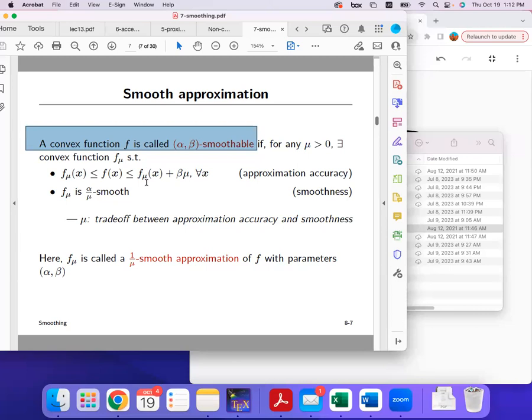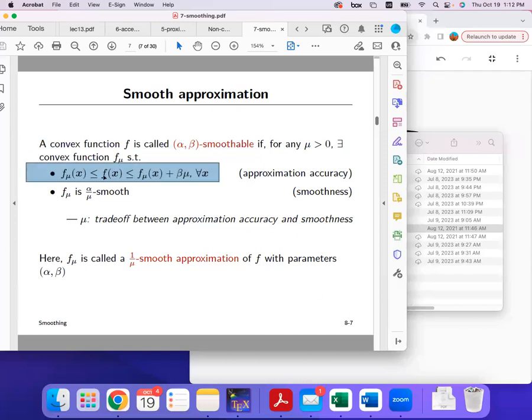First of all, the first criterion shows that f(x) is lower bounded by f_mu(x) and upper bounded by f_mu(x) plus a small constant. It's upper bounded by f_mu(x) plus beta times mu, and this has to hold for any x. Second, this approximated convex function f_mu is alpha over mu smooth.